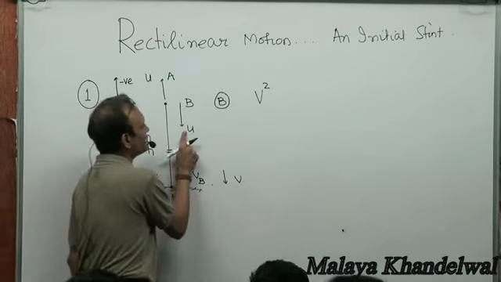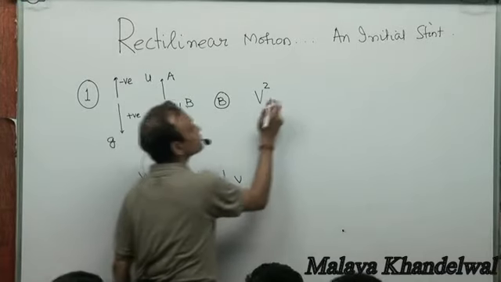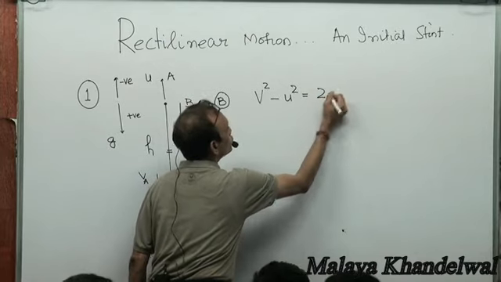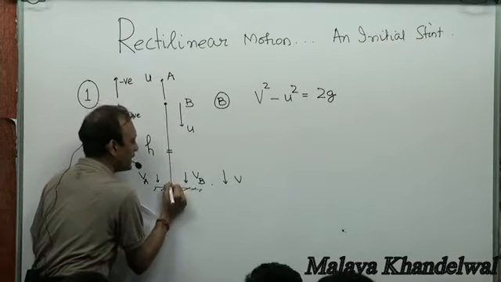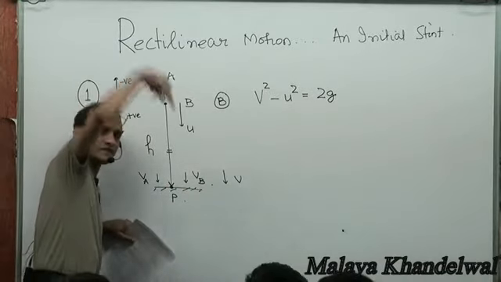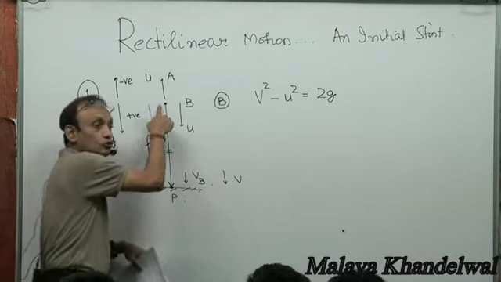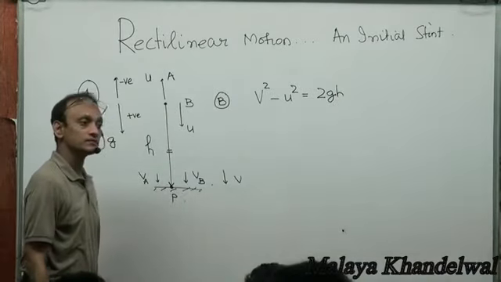So V squared minus U squared, I'll take plus U because I've taken downward positive. So V squared minus U squared is 2G, G taken positive, downward positive, and H is measured from B towards P. So H is downwards and positive displacement with respect to B.